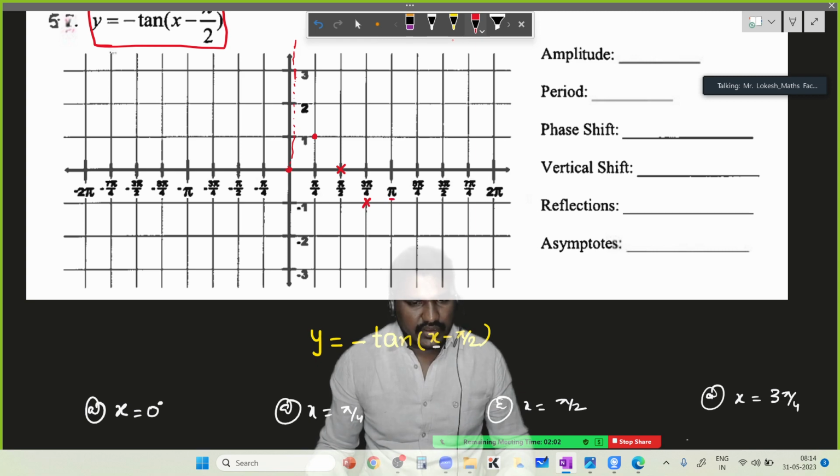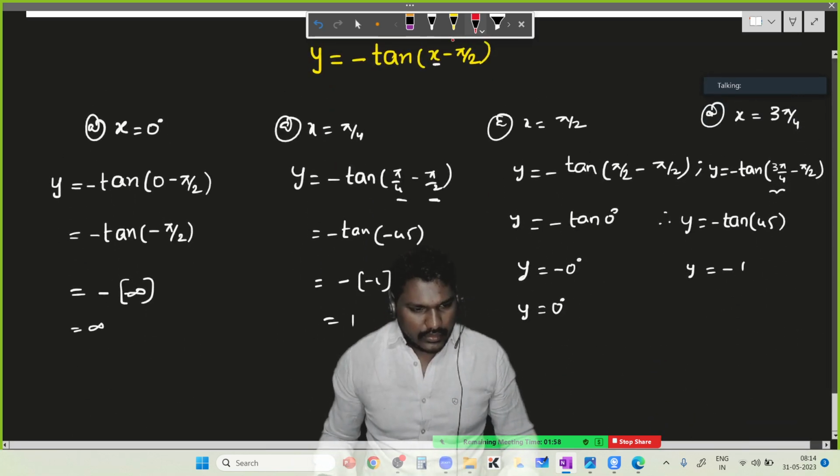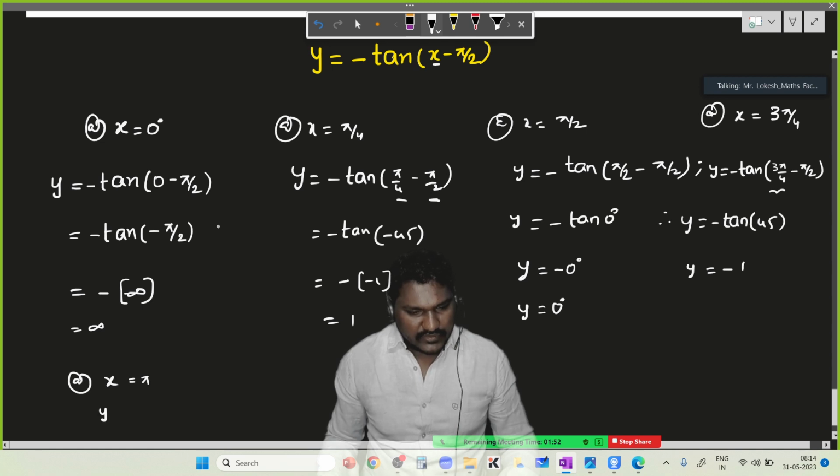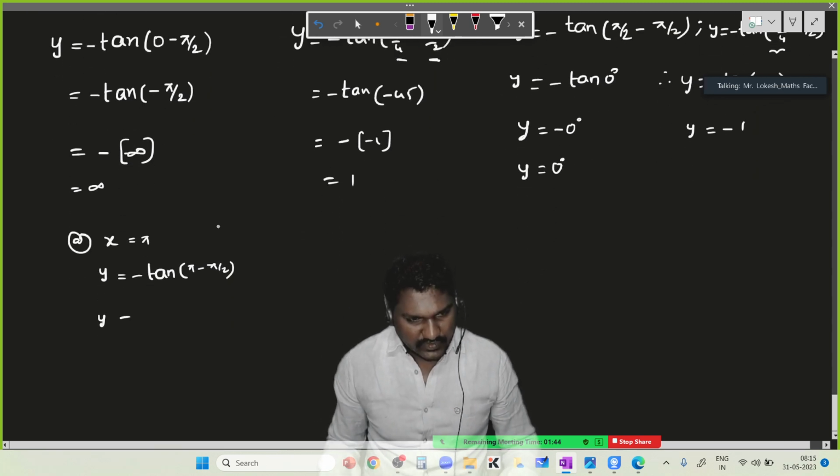Now we'll check the value at pi. So let me check here. At x is equal to pi, y is equal to minus tan of pi minus pi by 2, so y is equal to minus tan 90.